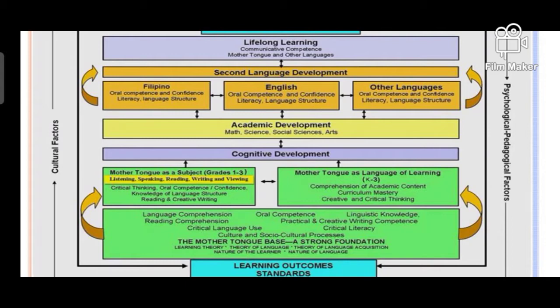Once you have mastered this comprehension or skills, you will be able to master the next spectrum of skills, which is listening, speaking, reading, writing, and viewing, and as well as the mother tongue as language of learning.